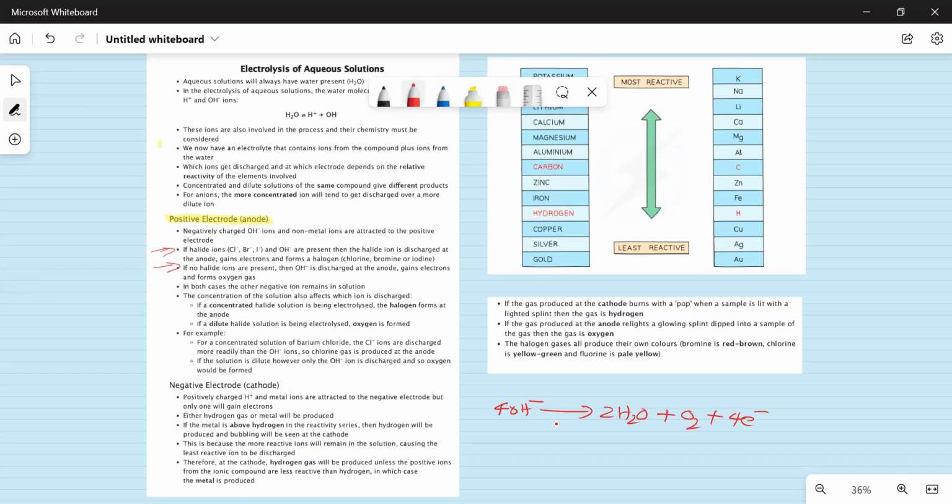The second point says, if no halide ions are present, then OH minus discharges at the anode, gains electrons and forms oxygen gas. The reaction I mentioned here, the red color equation, please take into your book as well.